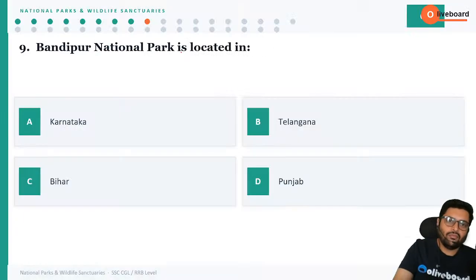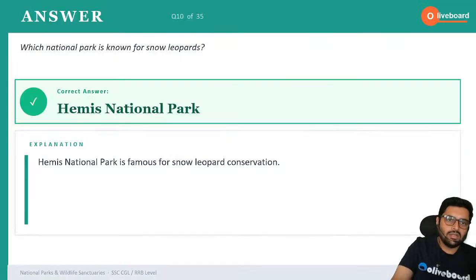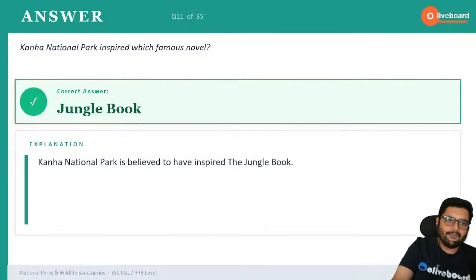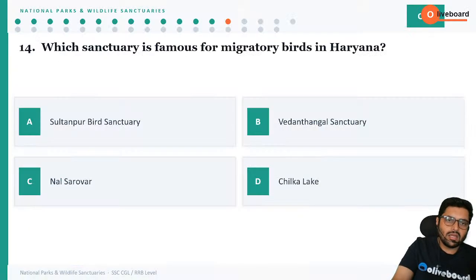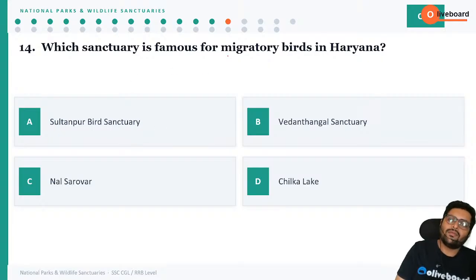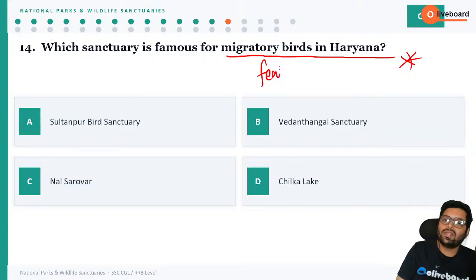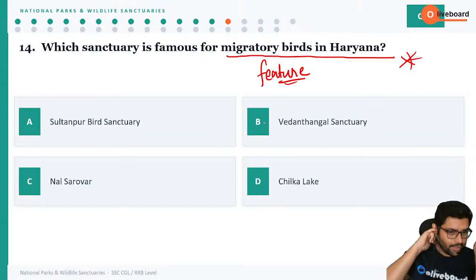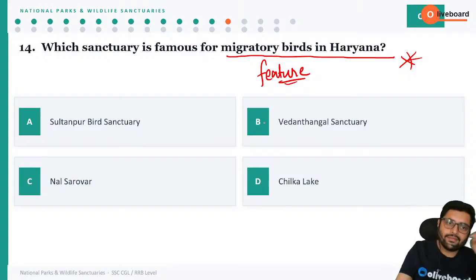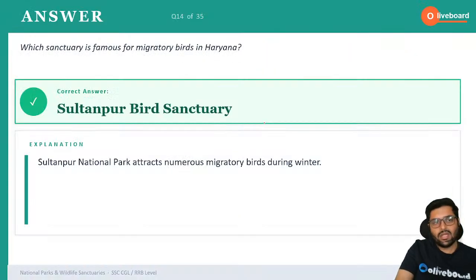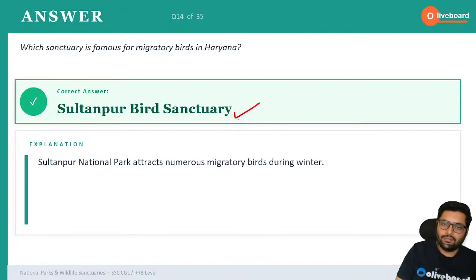So we are seeing a wildlife sanctuary. Which sanctuary is famous for migratory birds in Haryana? See, feature based question. Correct? Migratory birds in Haryana: Sultanpur, Vedanthangal, Chilika or Nal Sarovar. Which one do you think? In Haryana, it is Sultanpur Bird Sanctuary.